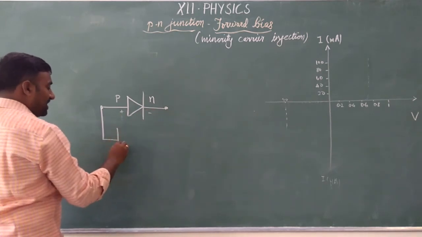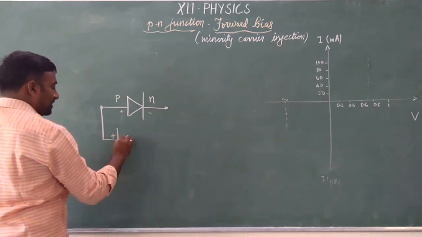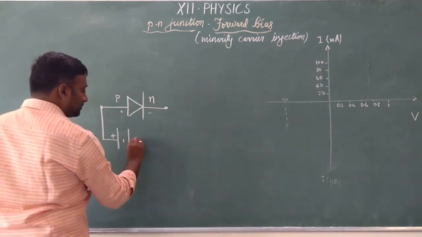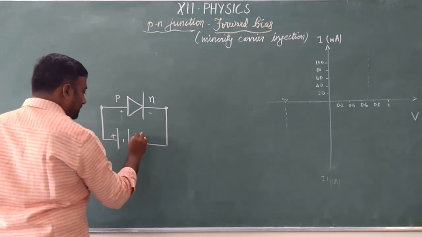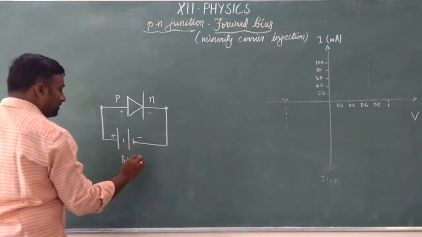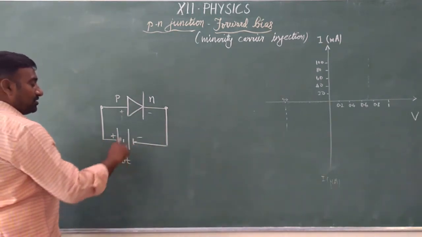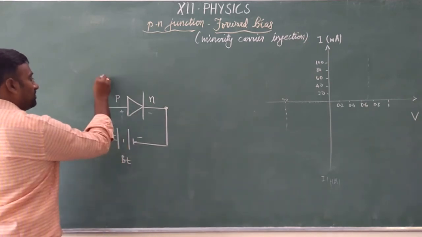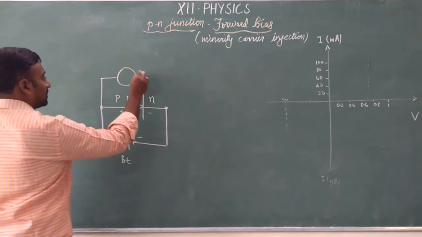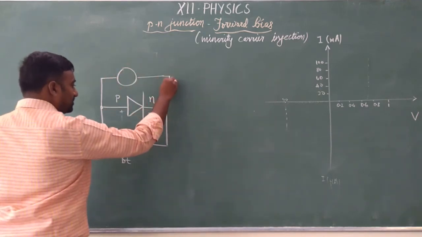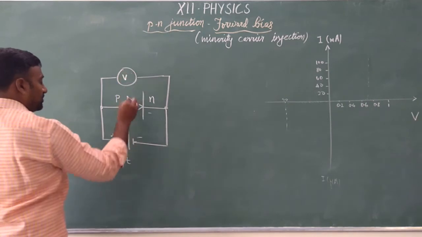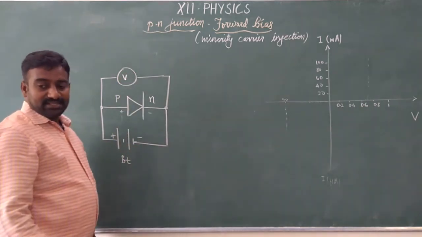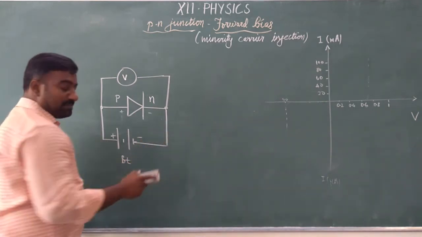The positive terminal of the battery is connected to the P side and the negative terminal is connected to the N side. This is the external battery. To measure the potential difference across the PN junction, the voltmeter needs to be connected in parallel to the junction, but the ammeter should be connected in series.